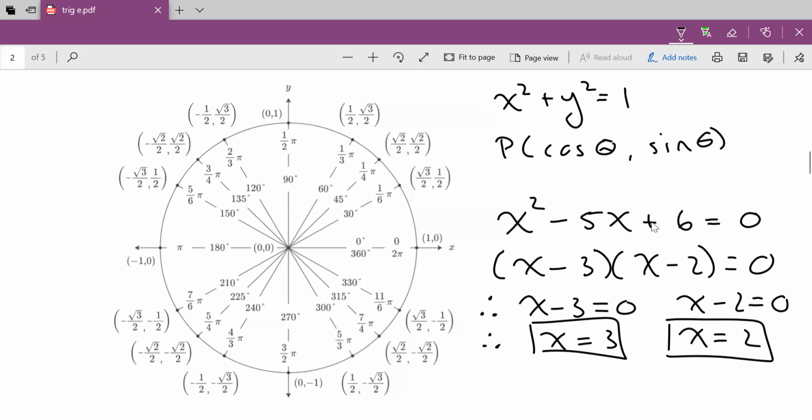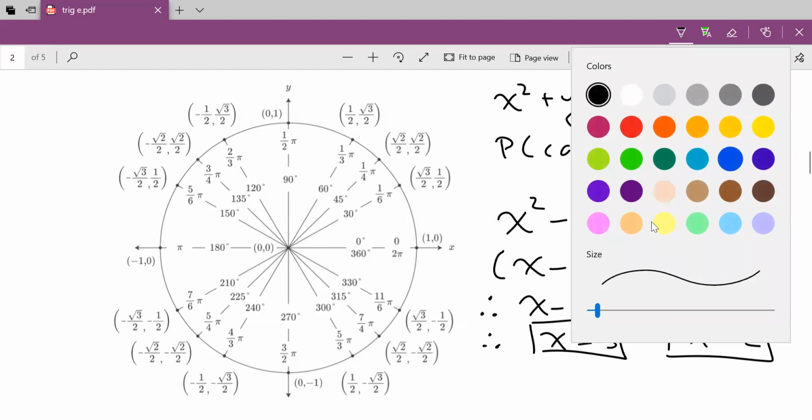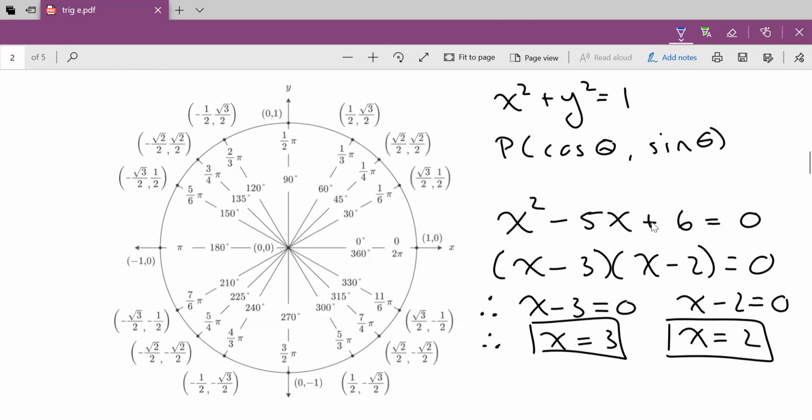Let's think about this. The most important part of solving this quadratic was the factoring. Guess what? In 30-1, that's how we're going to solve these trig equations too. Instead of it saying x squared minus 5x plus 6, it's going to look like this.